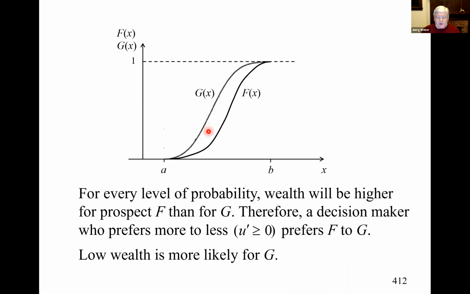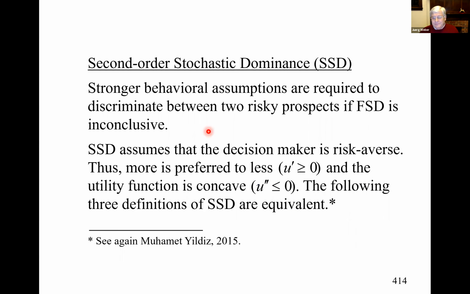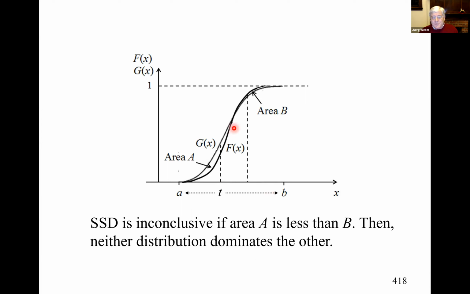In second order stochastic dominance, you also assume that people are risk averse, so we have concave utility functions, and that settles the issue when those prospects have intersecting cumulative distribution functions. Again, you can say whether a person prefers one situation or the other.